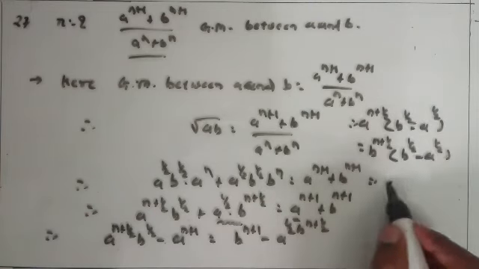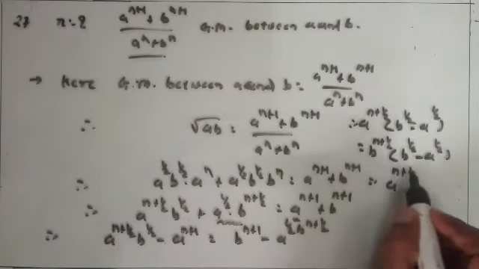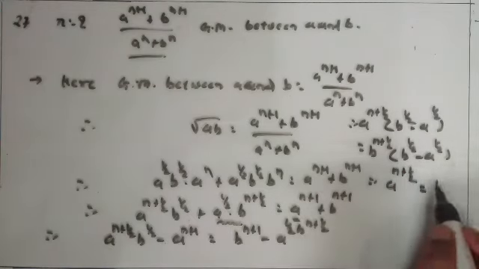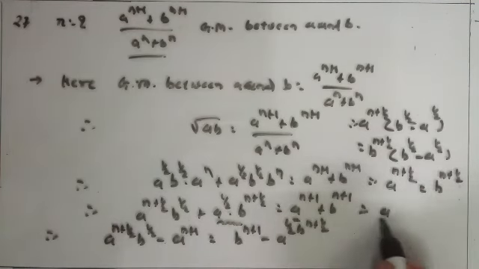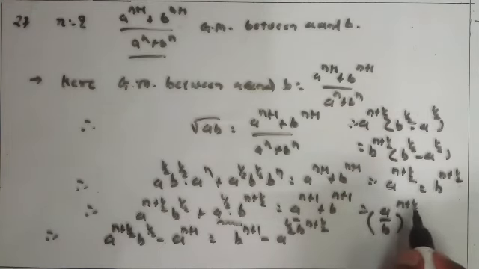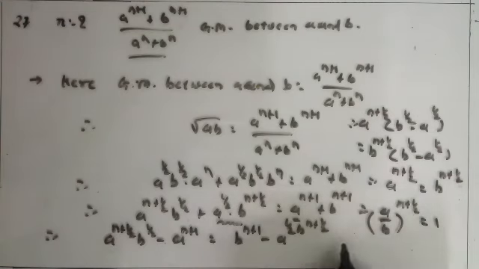Here we get a^((n+1)/2) is equal to b^((n+1)/2). Now dividing by b^((n+1)/2) on both sides, we get (a/b)^((n+1)/2) is equal to 1.